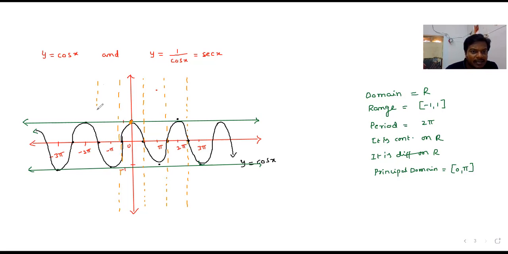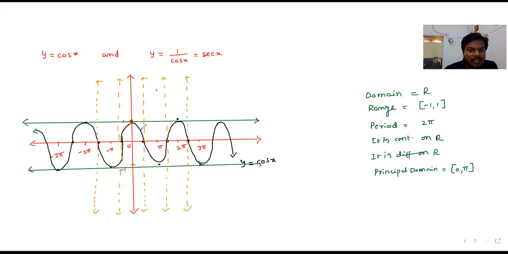So for all odd multiples of pi by 2, the secant graph does not exist. And observe in the interval, here cos x value is 1. Therefore, the reciprocal, secant x value, is also 1.